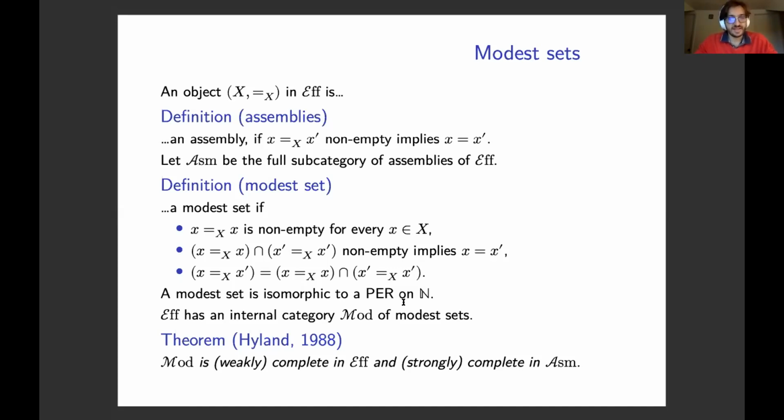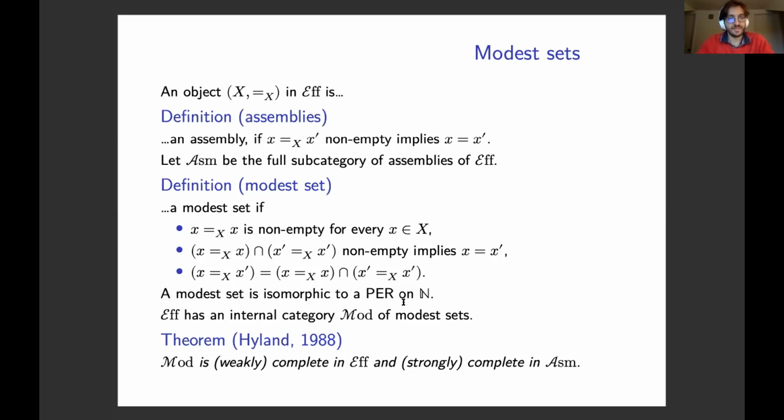Moreover, even though we define a model set as having an underlying set, because every element of the model set has to be realized by at least one realizer that is not used by any other element, it can have at most a countable number of elements.